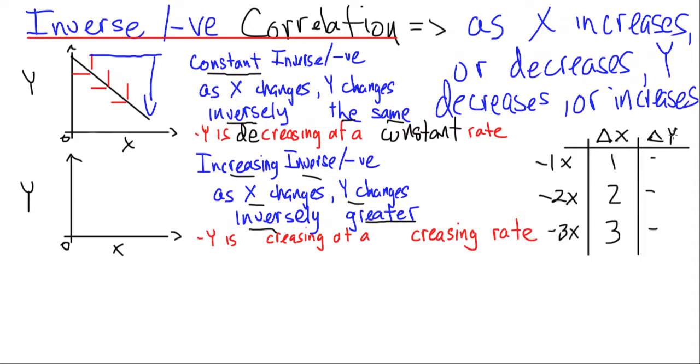How is this going to affect y? When x changes by 1, y changes by negative 1. X changes by 2, y changes by negative 4. And when x changes by 3, y will change by negative 9. Graph these, and remember that you need to start at a positive value of y.